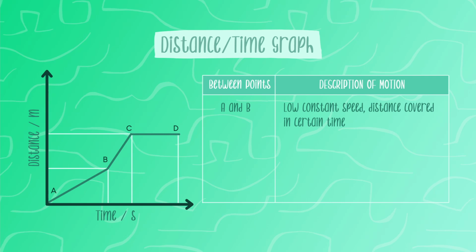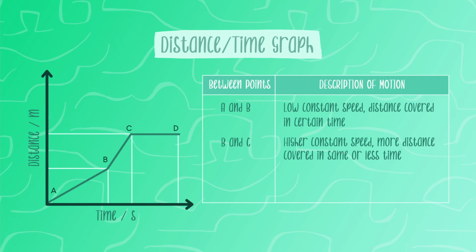Now, although we don't have exact values depicted in this graph, we can easily see that there is a certain amount of distance covered in a certain amount of time. This proves that the car does have speed in this part of the graph between points A and B. So we can conclude that between points A and B, the car is moving with a certain speed, covering a certain amount of distance in a specific time interval.